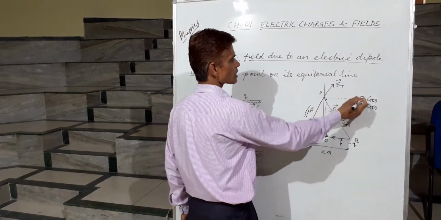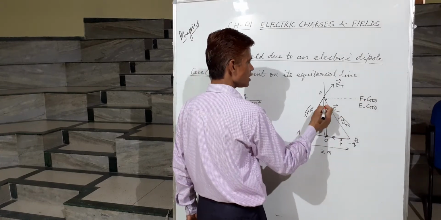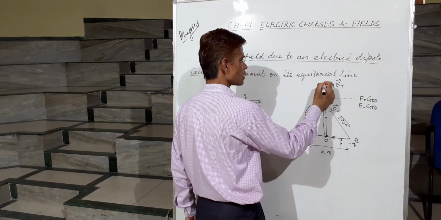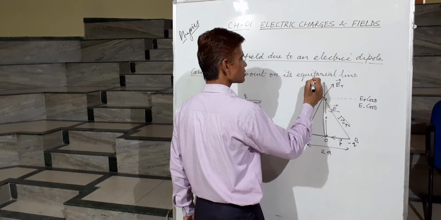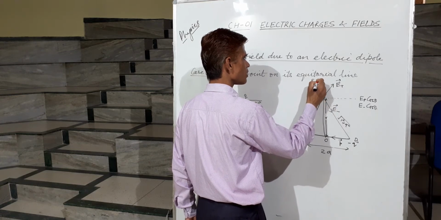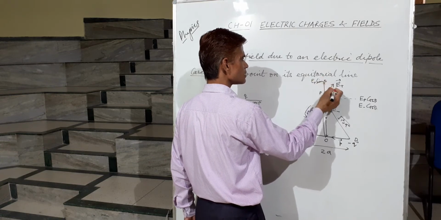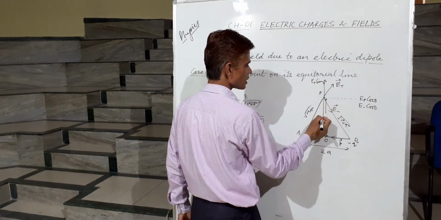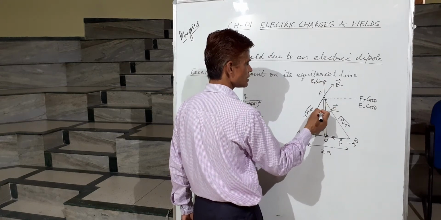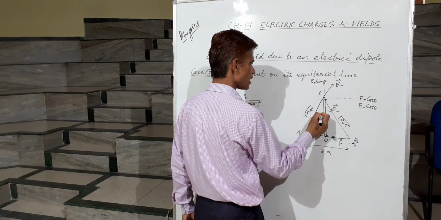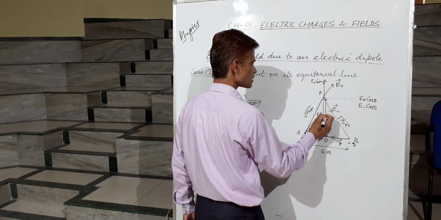These two components are in the same direction, but if we talk about the components along the equatorial line, it is E plus sin theta, this component, and this component is along this direction, that is E minus sin theta.